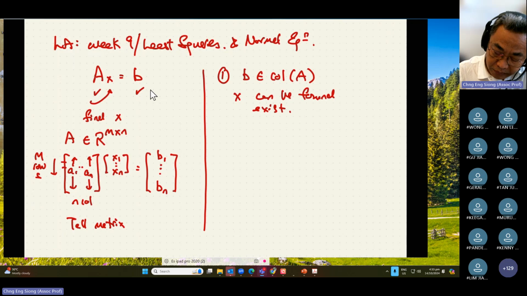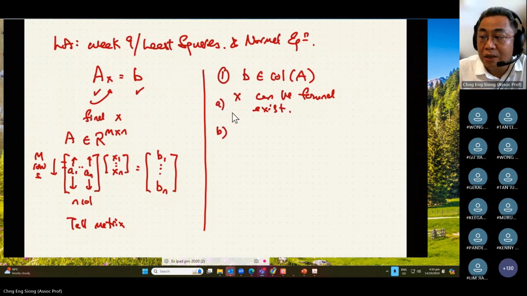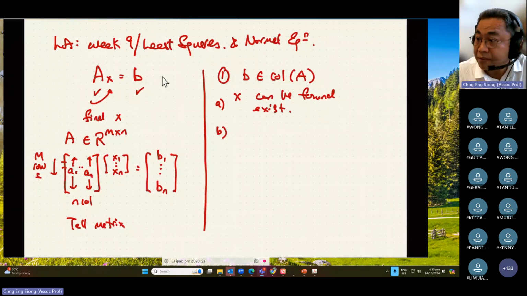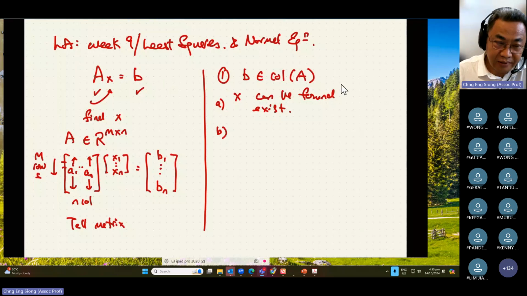Now the second question, is x unique, or is there infinite x to satisfy Ax equals to b? x can be found, so it depends on the rank of A. Excellent.